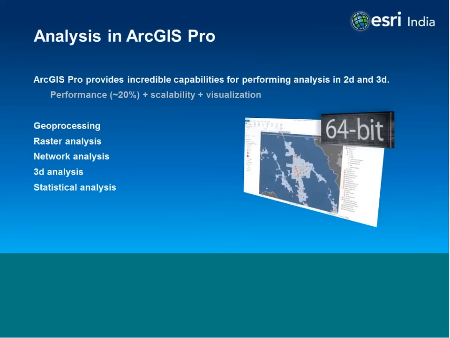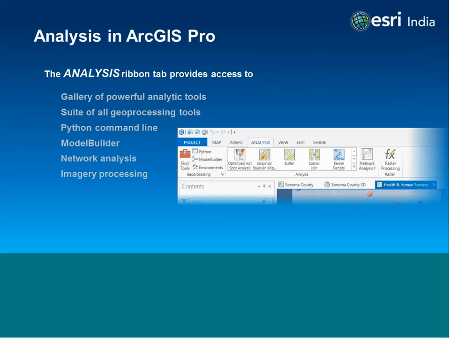They should be able to do their work, whatever they used to do on 2D as well. They can now work on 3D datasets as well. So there are capabilities which have been added at the 3D level for geoprocessing, raster analysis, network analysis, 3D analysis, and statistical analysis. So these are some of the extensions which now are supported on ArcGIS Pro.